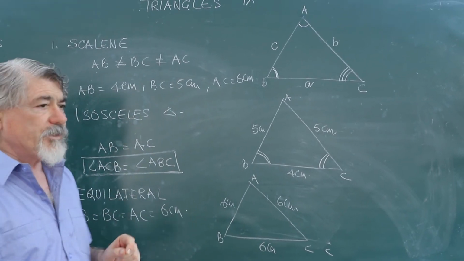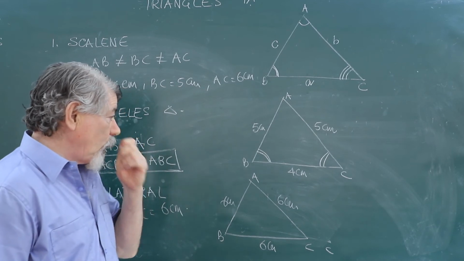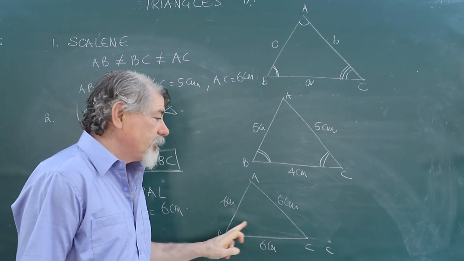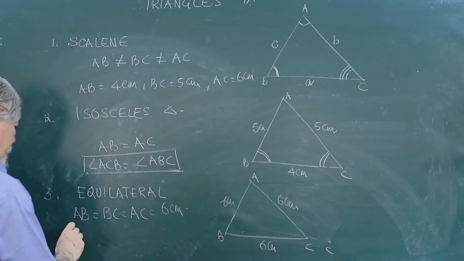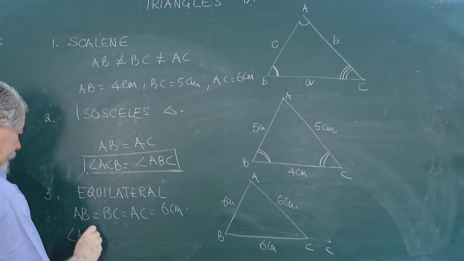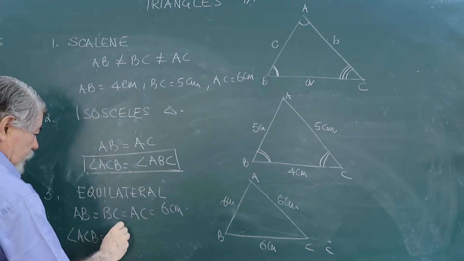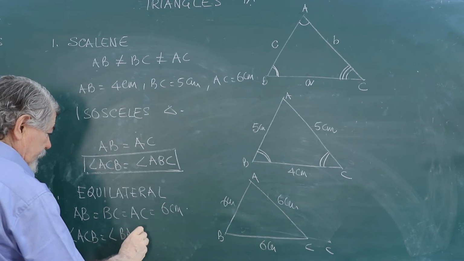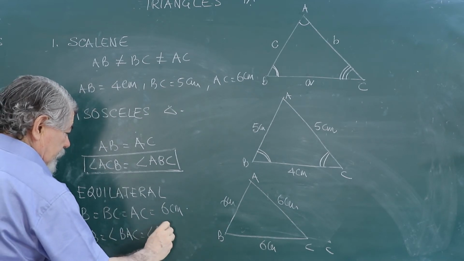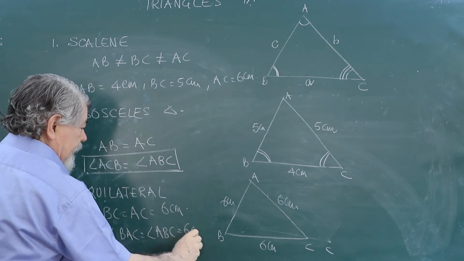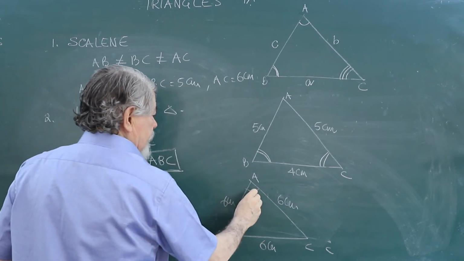Another important property is that all the three angles of the triangle are equal. For example, angle ACB will be equal to angle BAC, will be equal to angle ABC, will be equal to 60 degrees. Each angle will be 60 degrees.